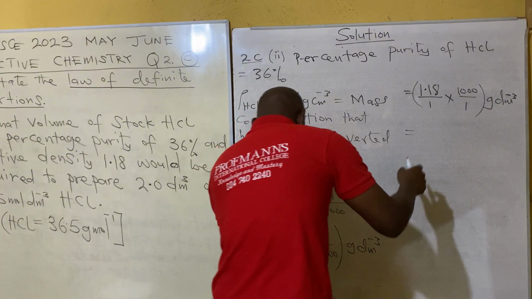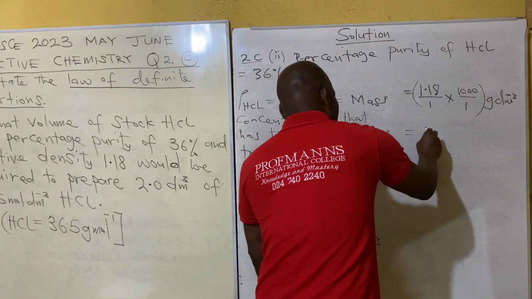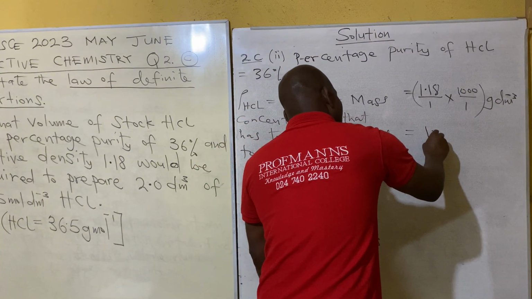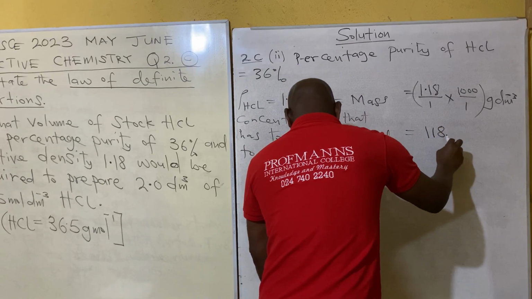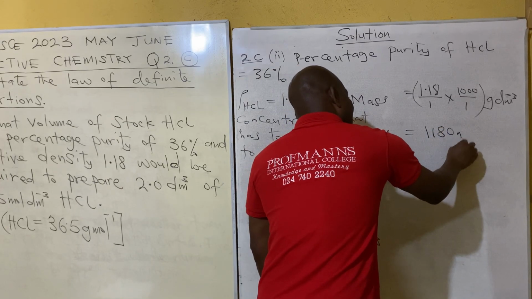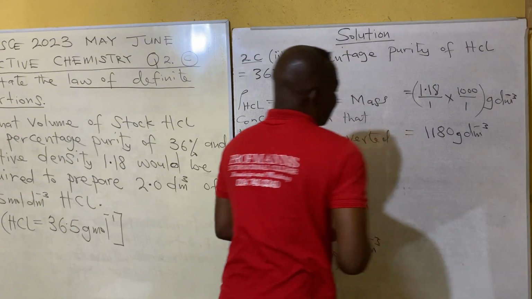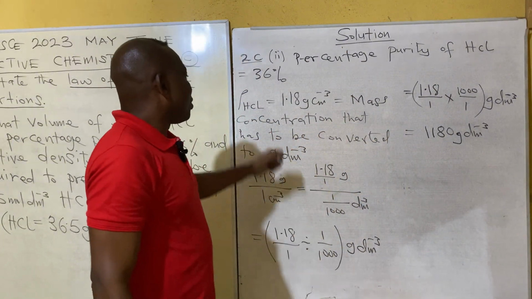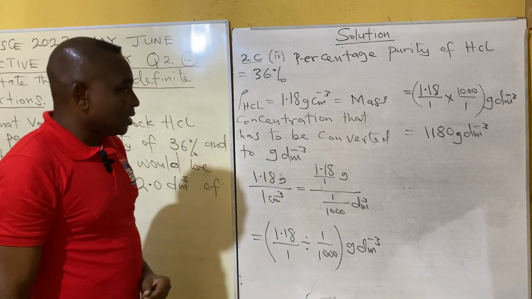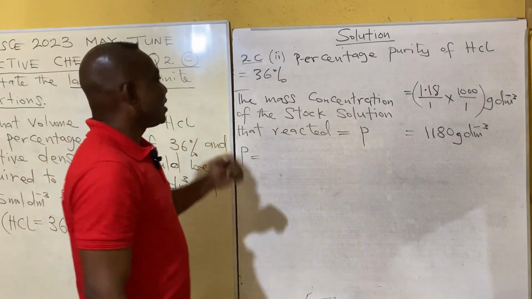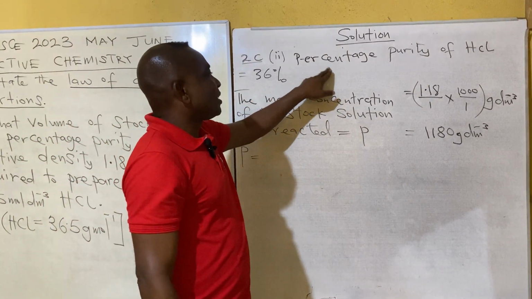So when we multiply the numerators, it is going to be 1.18 gram per dm cube. So this is the standard mass concentration for the HCl. I stated earlier that I'll be explaining these aspects as we move on.